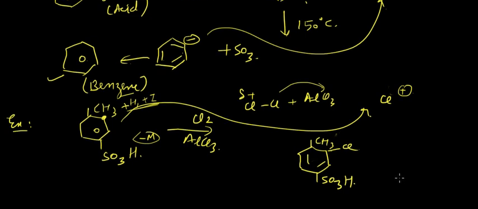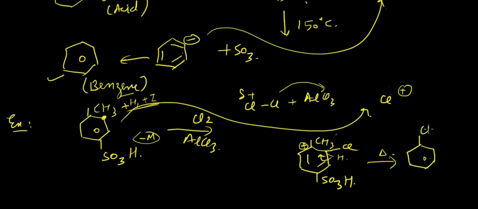What would happen next is, obviously you are providing some heat to the reaction, and since there was a positive charge here, the carbon–H bond would be broken to restore the benzene ring, and the H plus would be released.